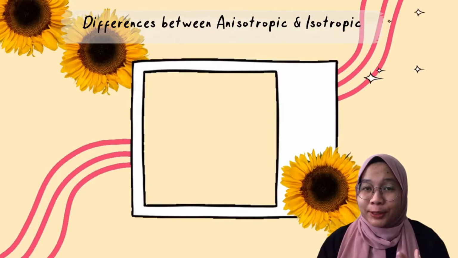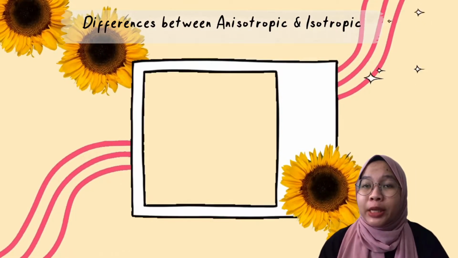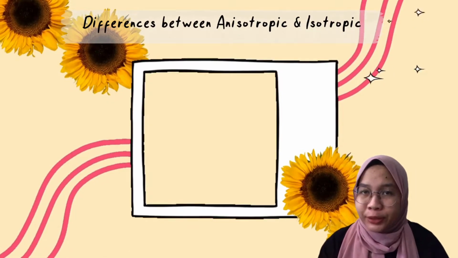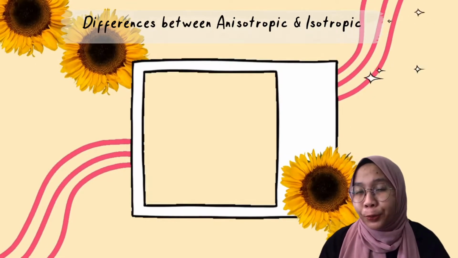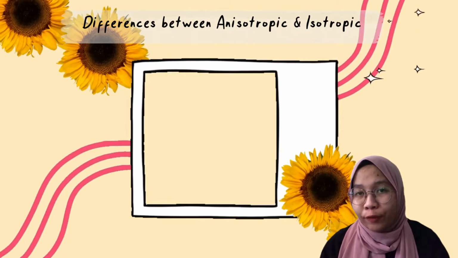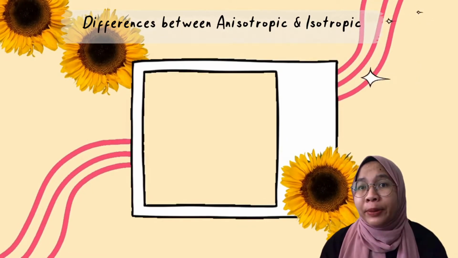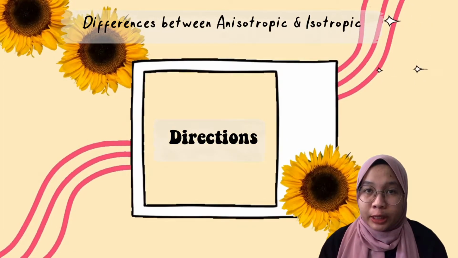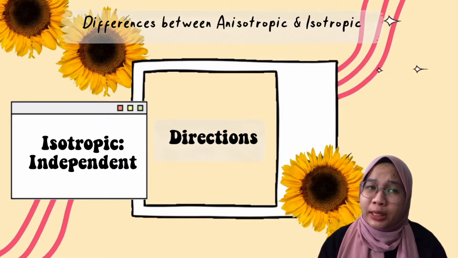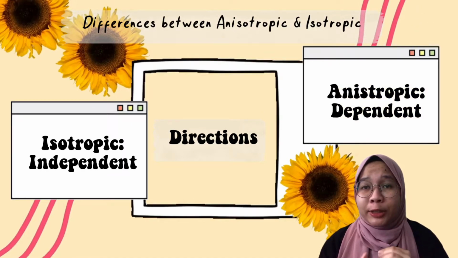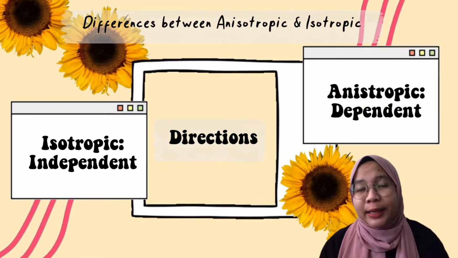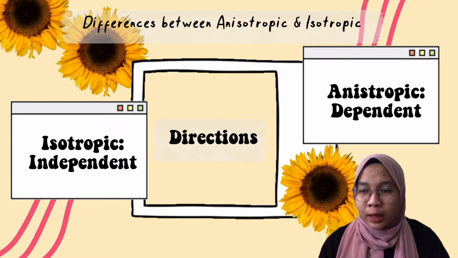There are several properties that could help in differentiating materials that possess either anisotropic or isotropic behavior. One of them is the obvious one in terms of direction, in which isotropic materials do not depend on direction, whereas anisotropic materials are highly dependent on it.